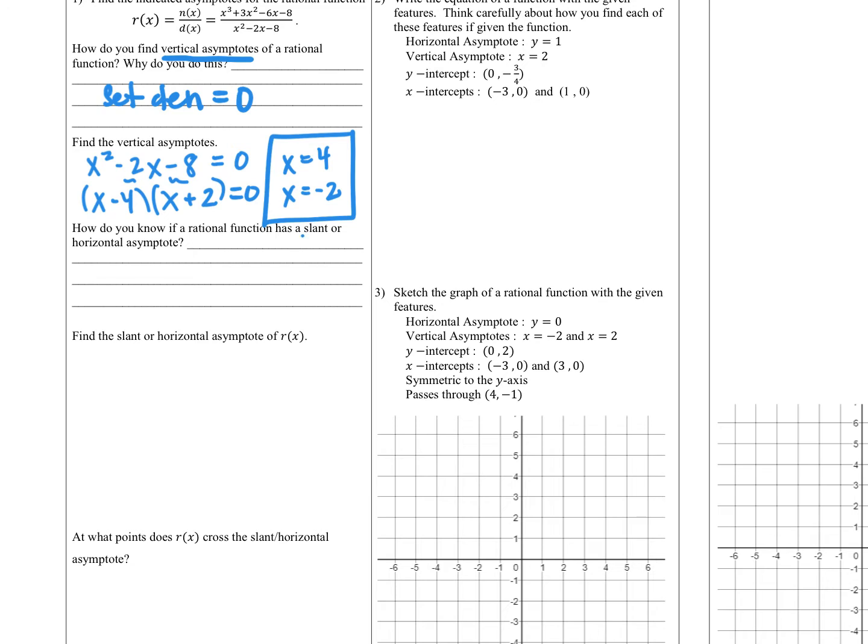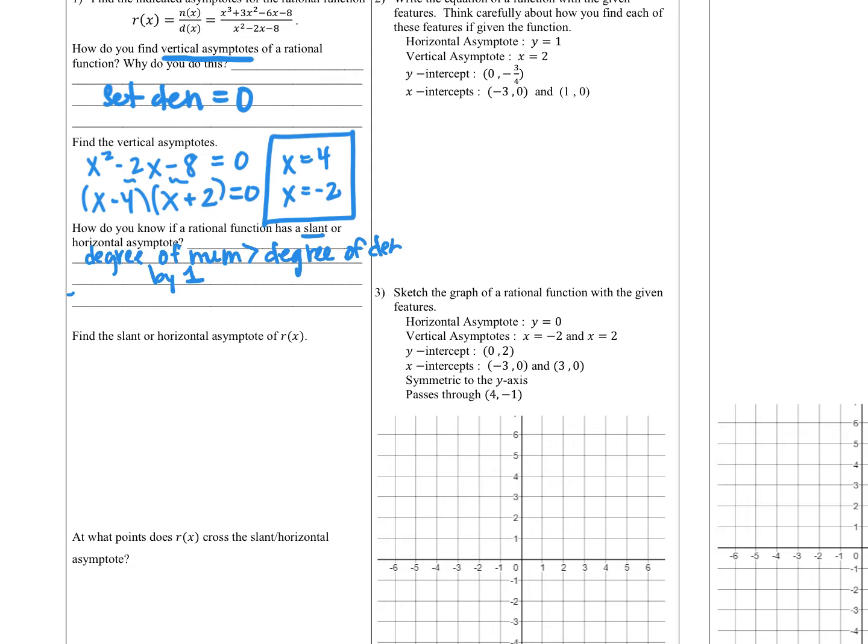Now, how do you know if a rational function has a slant or a horizontal asymptote? Well, it only has a slant asymptote if the degree of the numerator is greater than the degree of the denominator by 1.